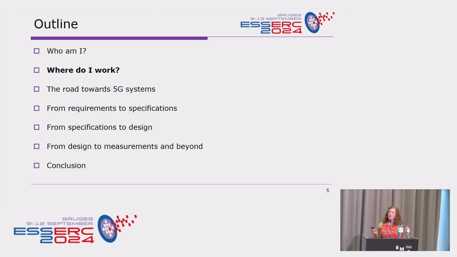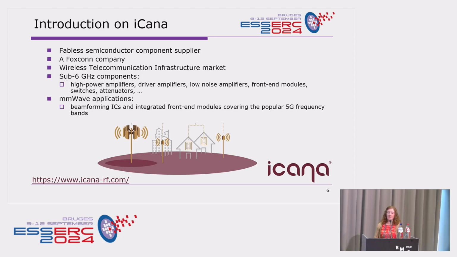So where do I work? ICANN is a very nice and small company, a fabulous semiconductor component supplier. We are actually part of the big Foxconn group, where about 1.3 million people are working.